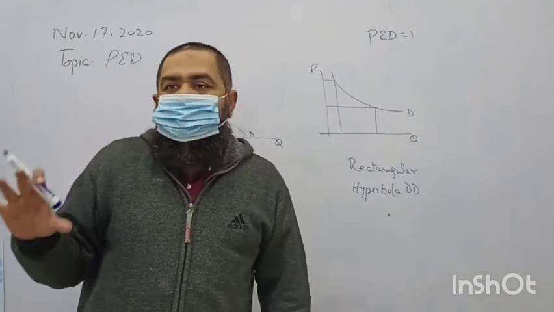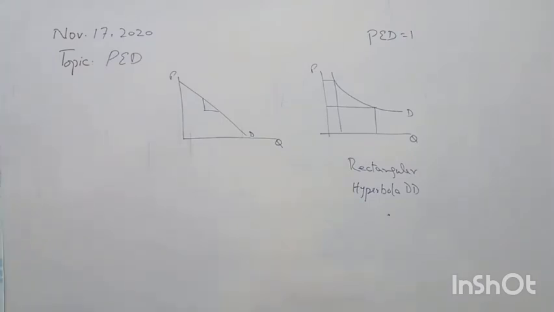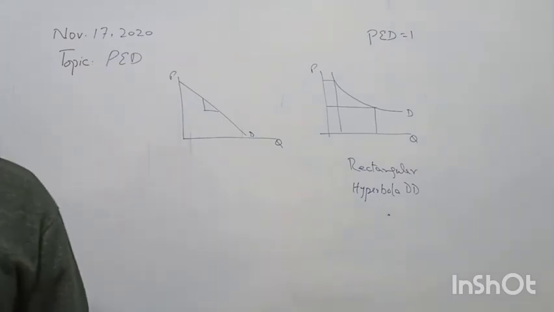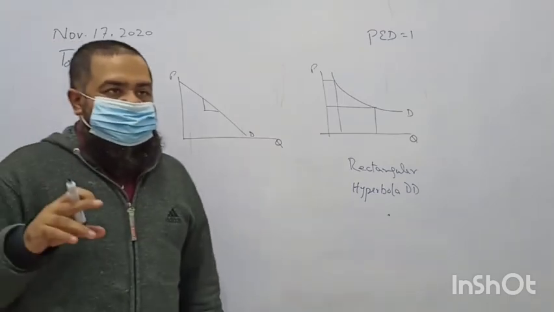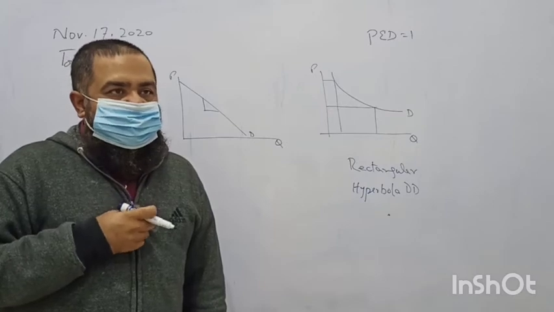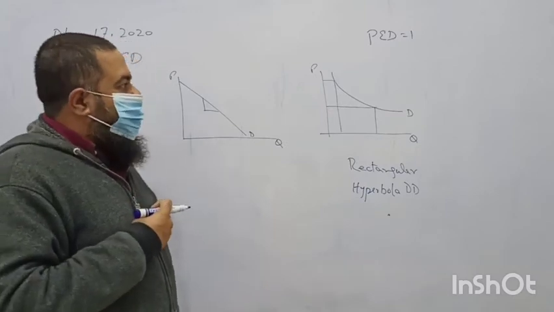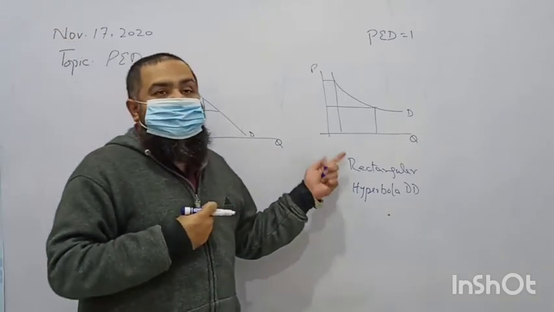If price is falling by 10%, quantity demanded will also increase by 10%. Therefore, it will have unitary elasticity of demand. So we find this, the hyperbola demand curve.